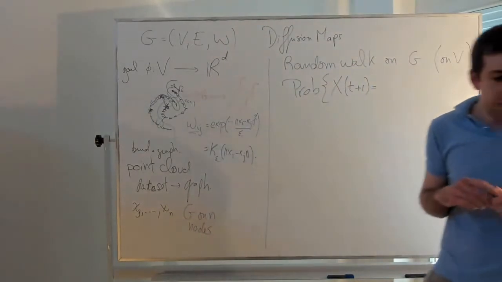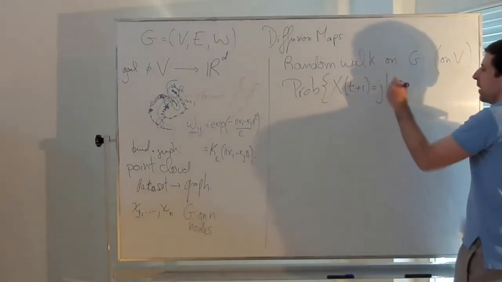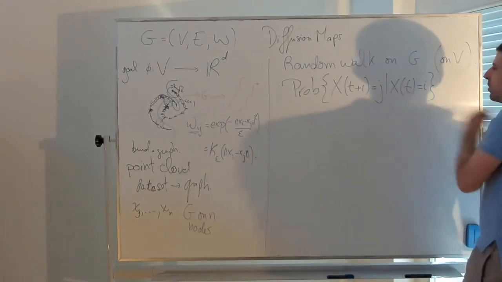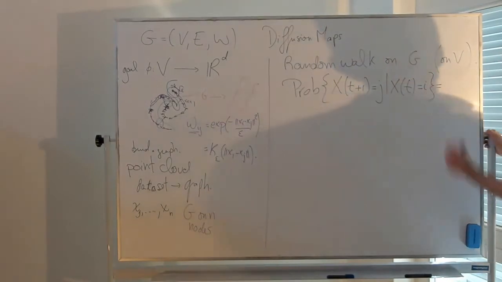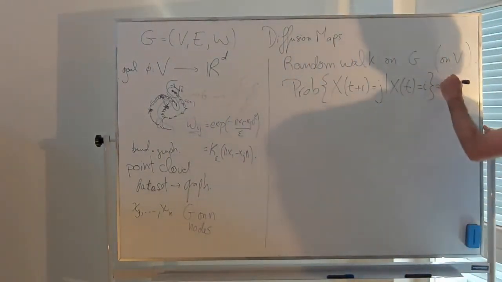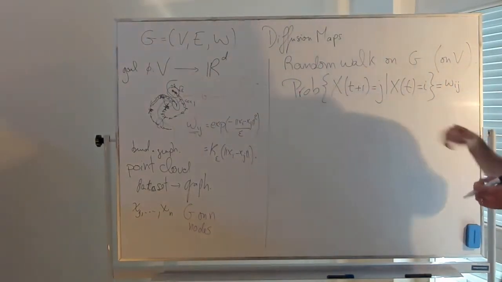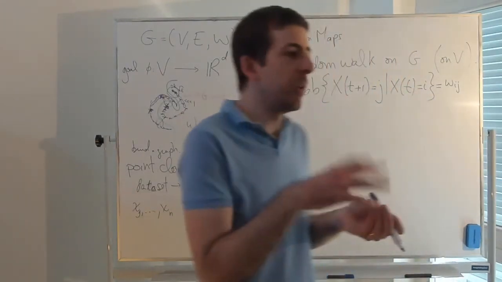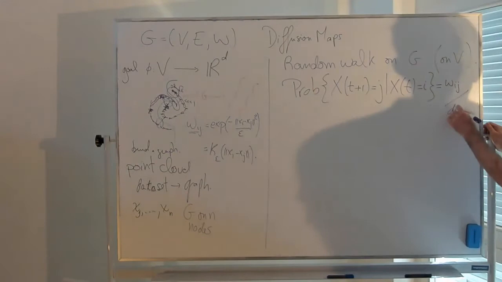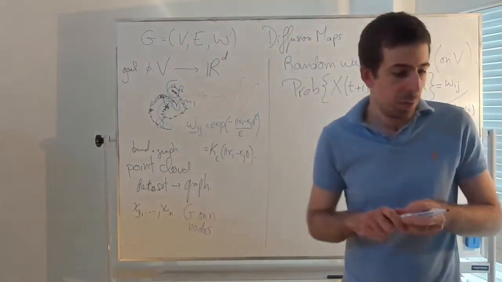The probability that he goes to a node j, given that he was on a node i in the time before, will be proportional to the weight Wij. Of course, the probabilities need to sum to 1. It's coming out of i, so the probabilities of everywhere it could go need to sum to 1. So you divide this by the degree of i. So this is the distribution of the random walk.